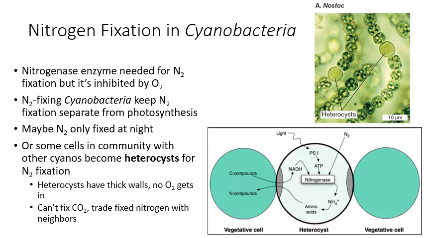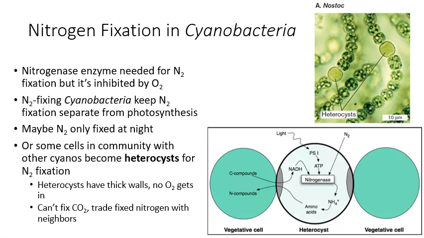So different cyanobacteria will have different strategies for separating their nitrogen fixation from photosynthesis. Some of them will only fix nitrogen at nighttime. Some of them will form a special cell type called a heterocyst. A heterocyst is larger than the cells around it, and it has really thick cell walls.